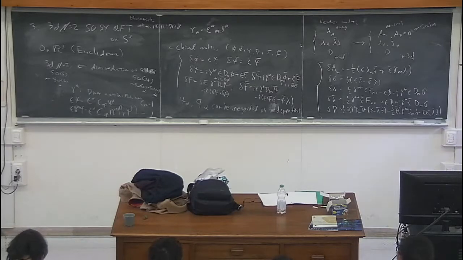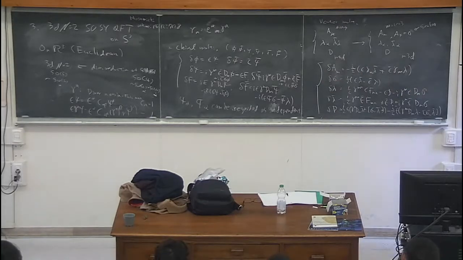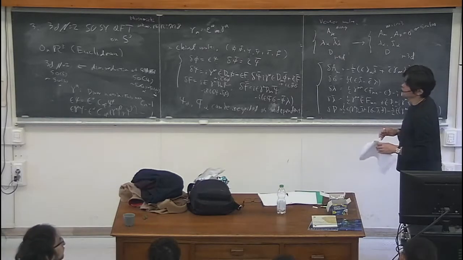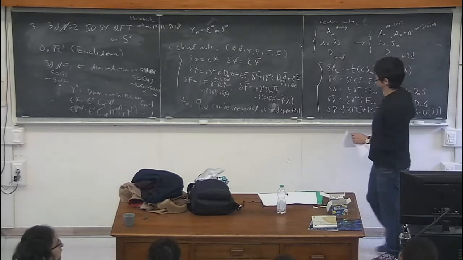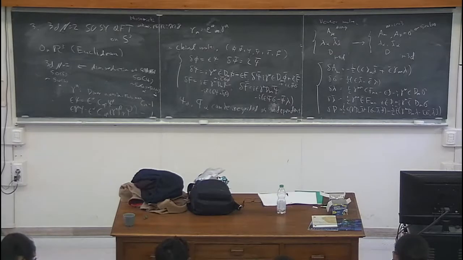Order by order means expanding in m. The first thing is m equals 0, the flat case, and everything is okay. At the next order in m, there is something bad, so we need to add some terms in the SUSY transformation to cancel that one, to protect delta satisfying the SUSY algebra.